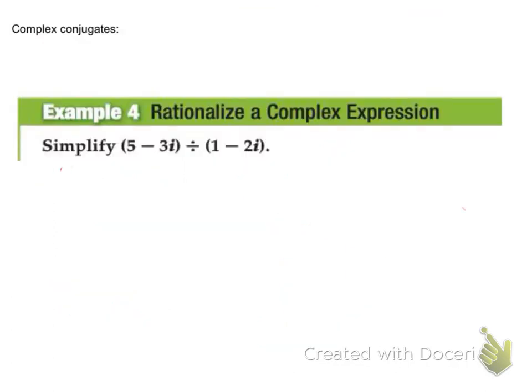Okay. Last one. We got to talk about complex conjugates. Now, complex conjugates, guys, are ways that we can handle i. Because, if you remember, when we dealt with square roots and we had fractions, if a square root ended up in the bottom, did we like it?